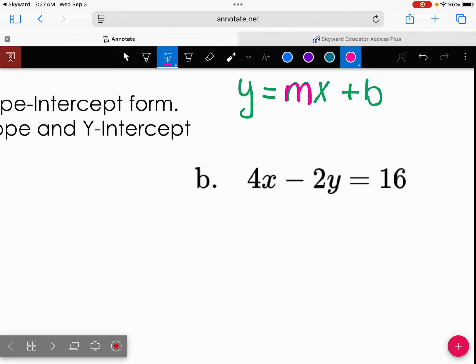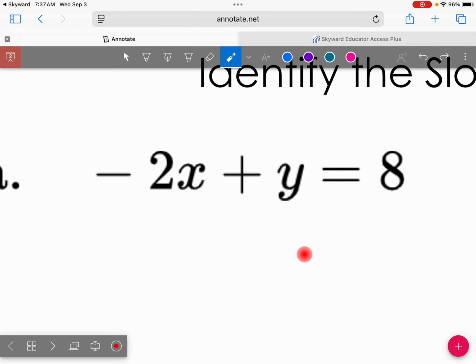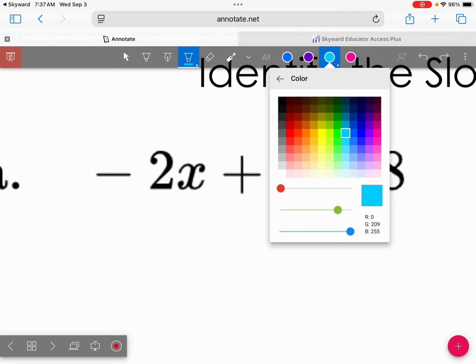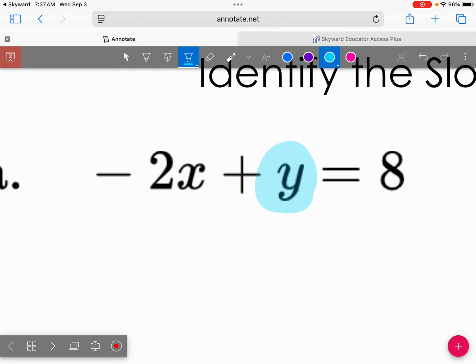What do I need to do with A to get to my slope-intercept form? What's my first step going to be? What do we need to do? We need to do something with the 2x, right? Because our whole goal is going to be to get our y by itself.